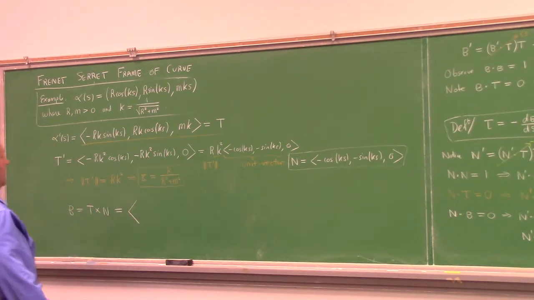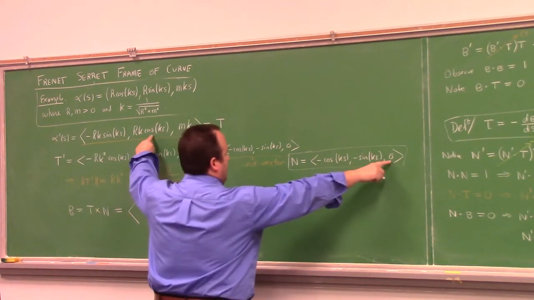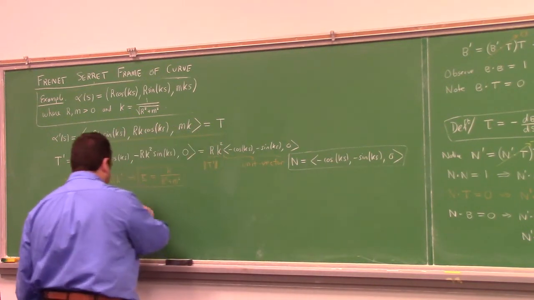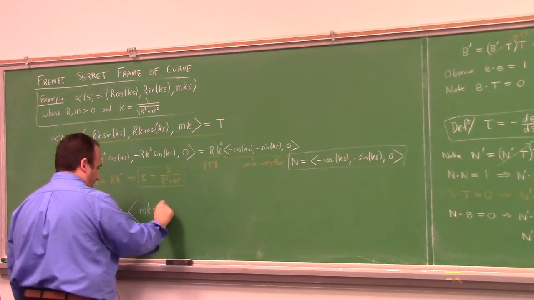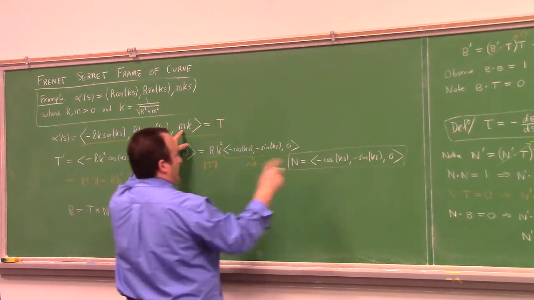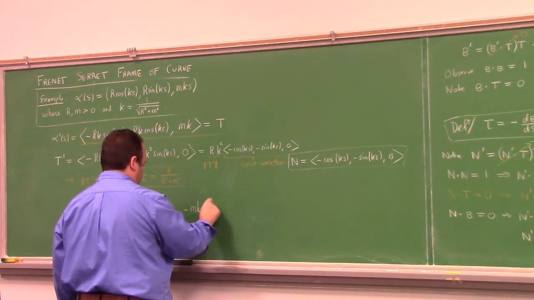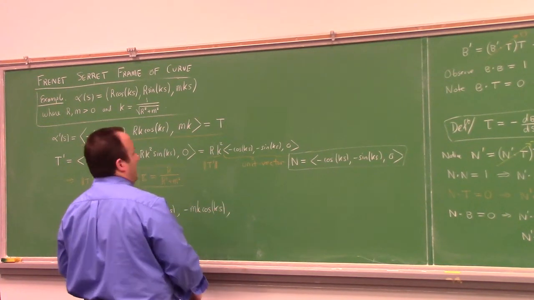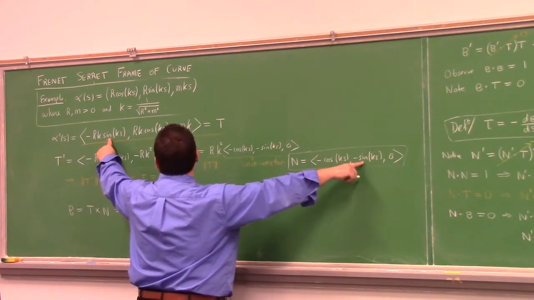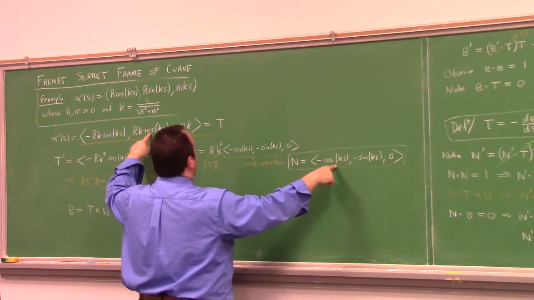The z comes from this times that minus that times this. So I start with m k sine ks. To get the y, I do z cross x, so I get minus m k cosine ks. And then to get the z component, I get sine squared plus cosine squared, which gives me 1, so I get r k.